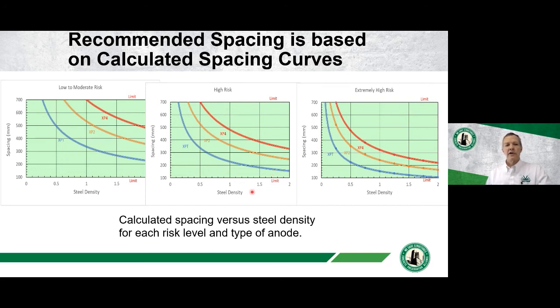And so, for example, what we were just looking at, which had a steel density of 0.9 to 1.2, what's shown in the spacing chart in the tables is assuming the highest steel density in that range, so 1.2. And if you go up on the table, that's going to give you the 420 millimeter spacing that was shown for XP4s as an example. And similarly, the same thing exists for the low to moderate risk and the extremely high corrosion risk examples.